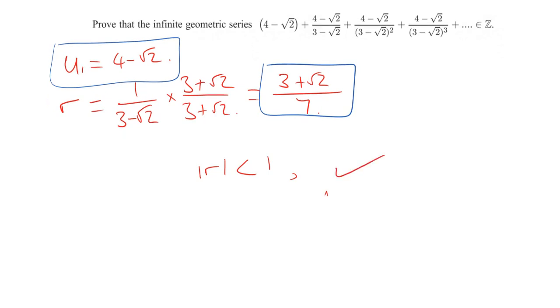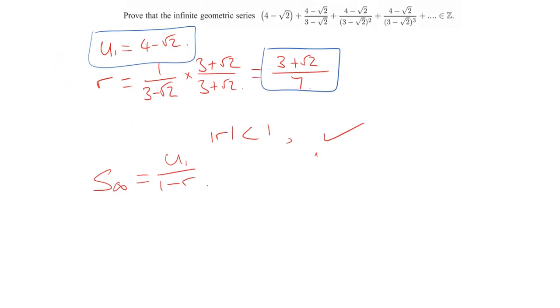That's good. So that means we can use this formula: the sum to infinity is equal to u1 over 1 minus r. Right, so let's see if we can put our values of u1 and r into that, and hopefully we'll come out with a whole number. And if we do, we've proven that this will sum to an integer.